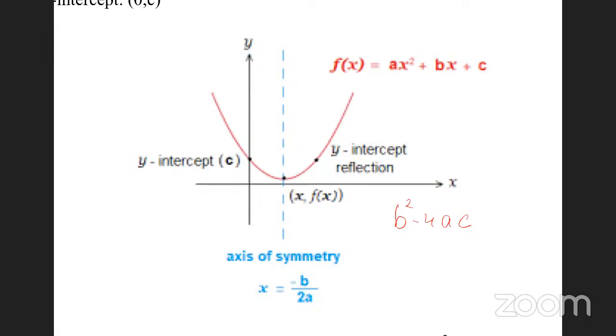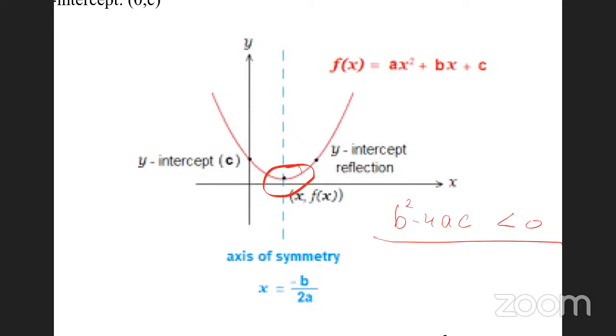You have 3 choices: less than 0, more than 0, equal to 0. Right, so it's less than 0, because it has no real roots. Roots mean cutting the x-axis.